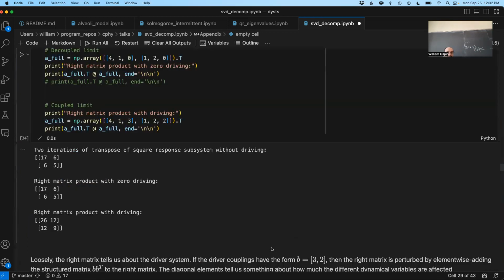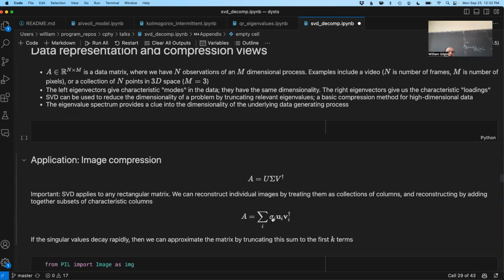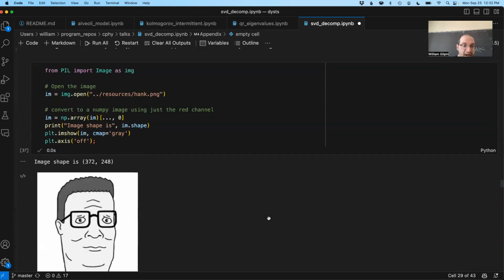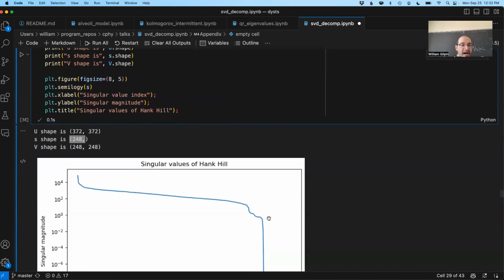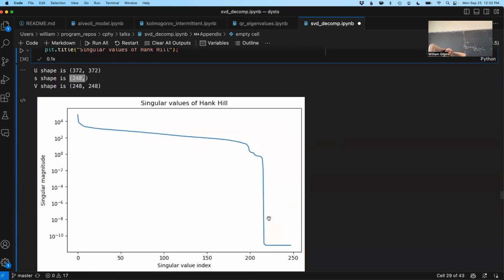Or likewise, they correspond to these coefficients in the summation over the outer products here. Okay, so if I do that, I see something that's pretty common for most types of data you might encounter, which is that the magnitude of the singular values drops off pretty fast. So I have one super big singular value, and then maybe I have a couple of significant ones, but pretty quickly they start to level out.